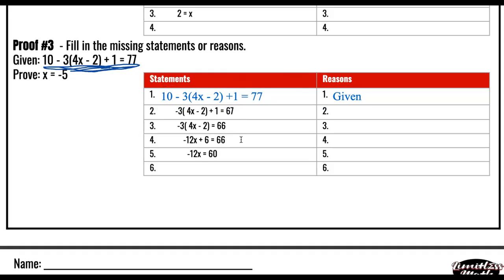What did we do? Well, we subtracted 10 on both sides. 10 minus 10 would go away. On the left side, there's no 10 anymore. And 77 minus 10 would be 67. So this would be subtraction property because we subtracted 10 on both sides.